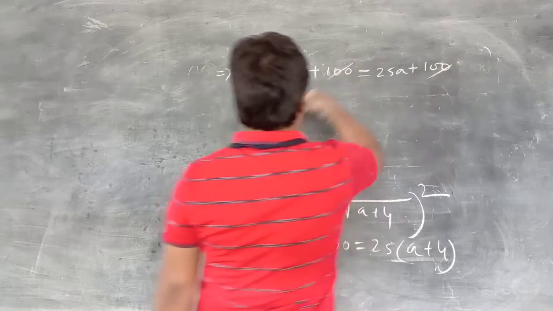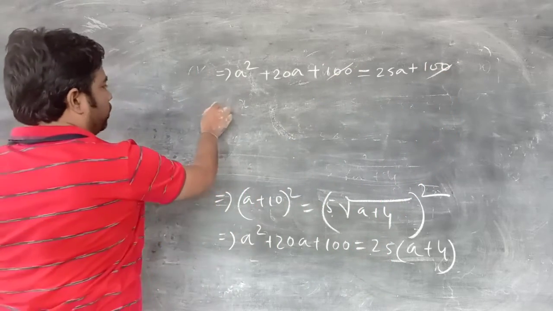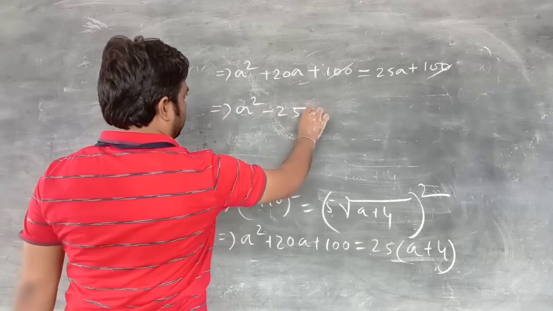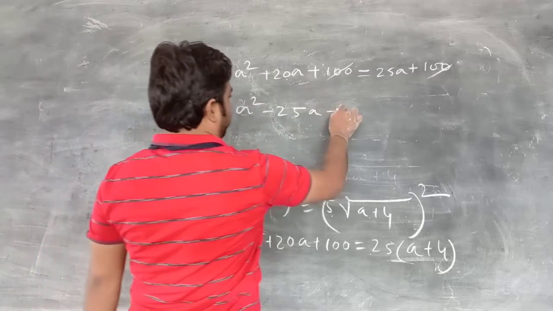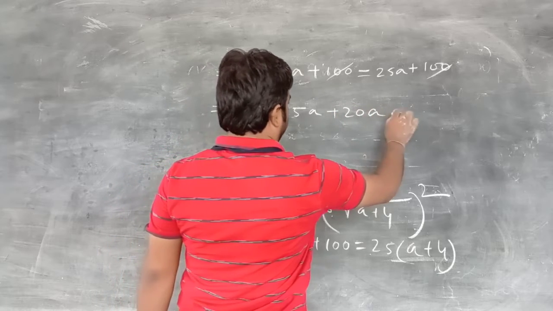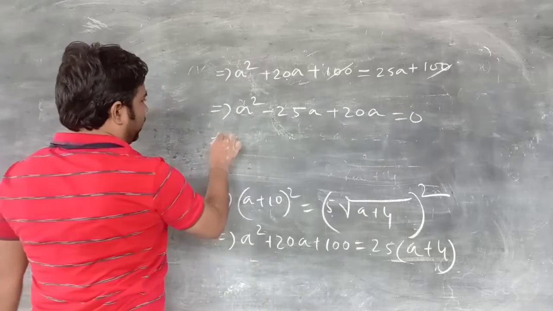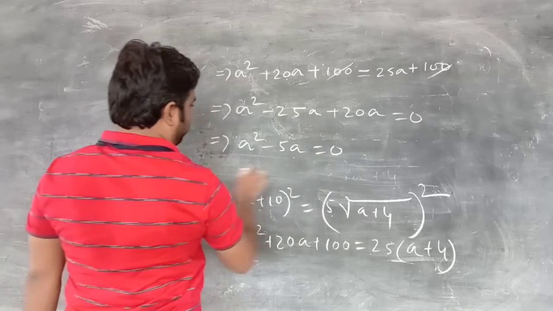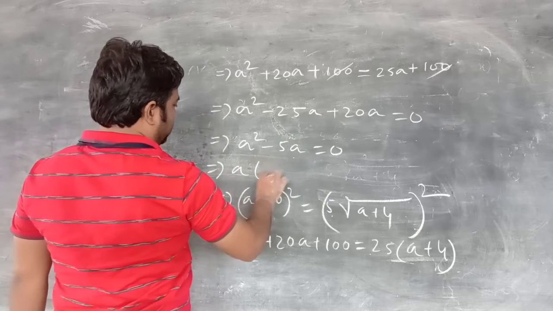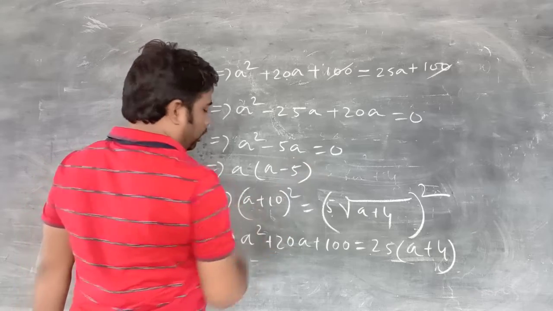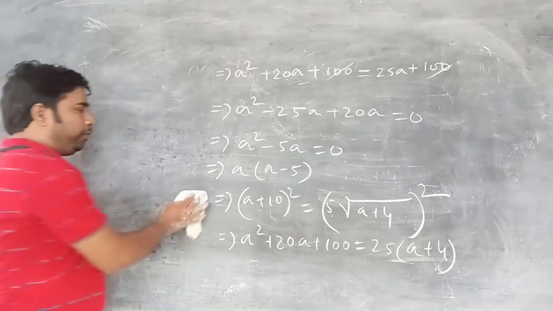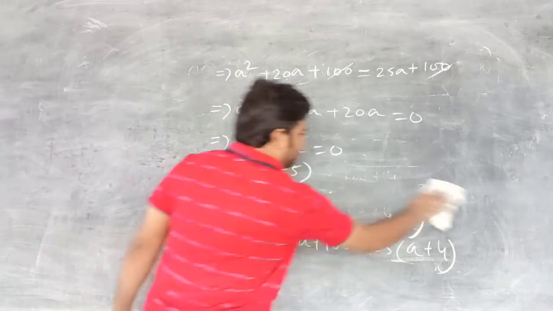So this 100 cancels. So this is a square minus 25a plus this 20a equal to 0. So how much are we getting here? a square minus 5a equal to 0. If we take a common, this is a minus 5. So if we take either or, and after that if we put the value of a, we shall get the answer.